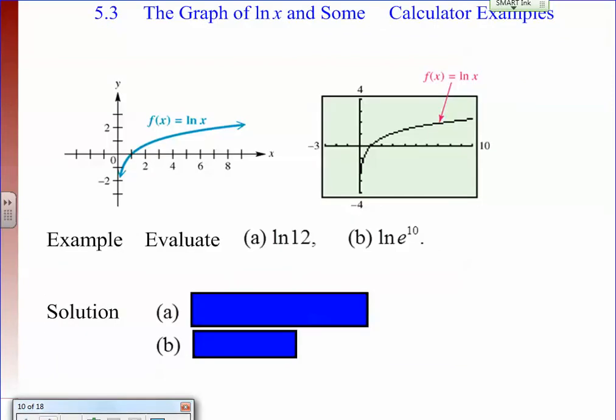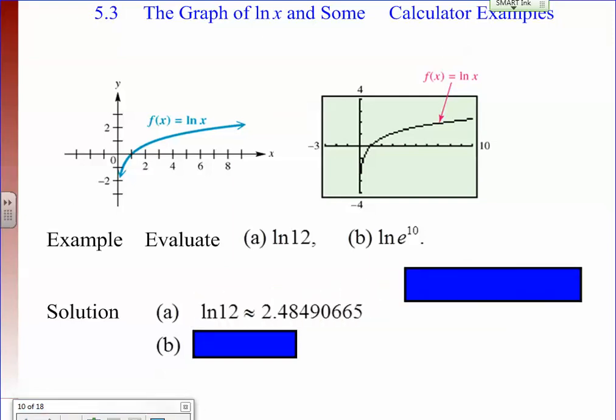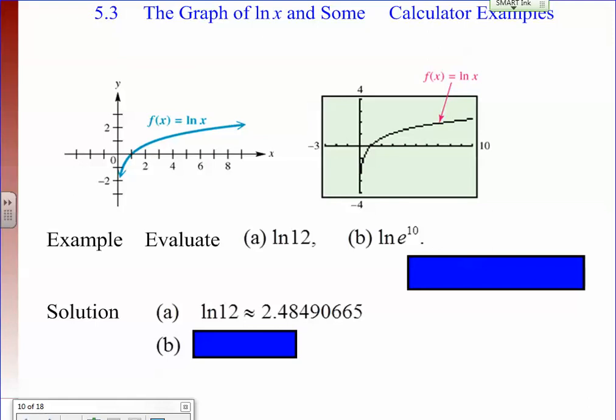Calculator functions here. The natural log looks like the blue one on your calculator. It looks like in the green box there. Evaluate these two. The first one, just punch it in your calculator. Natural log of 12. Okay, you should get this number approximately. And the second one, ln e to the 10.